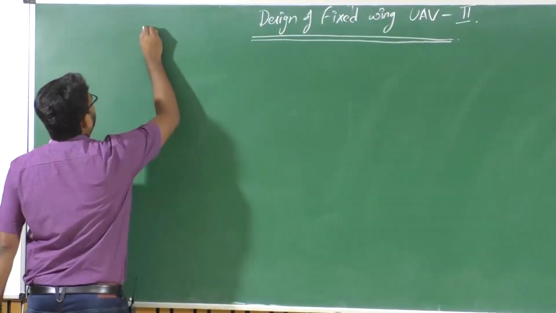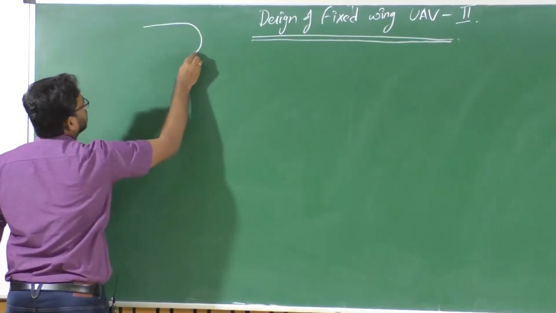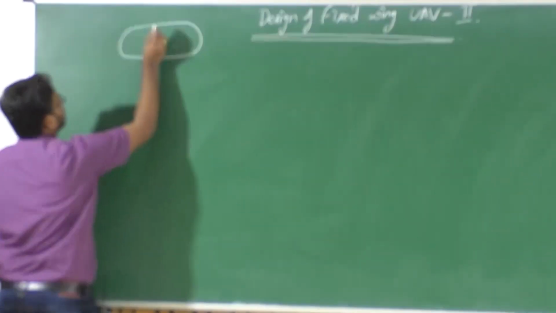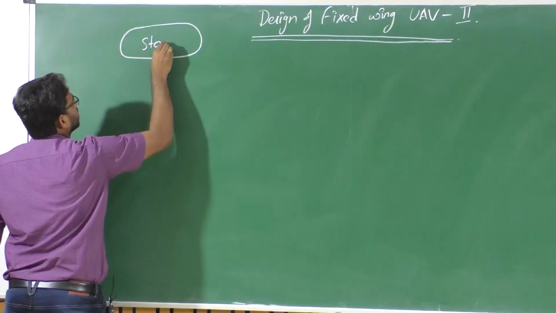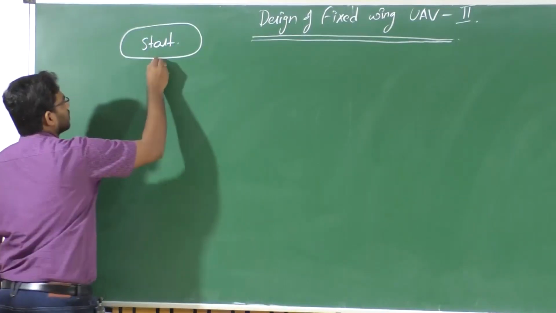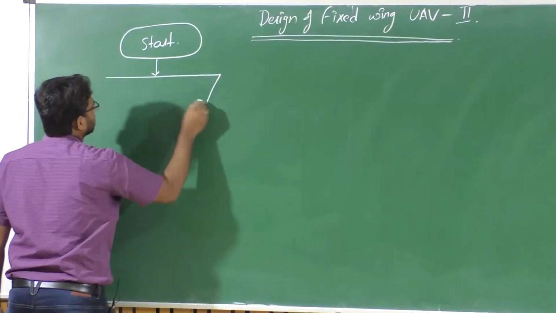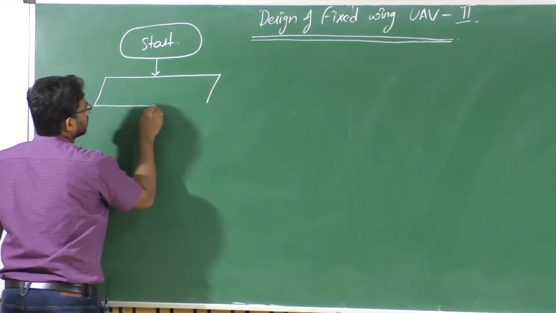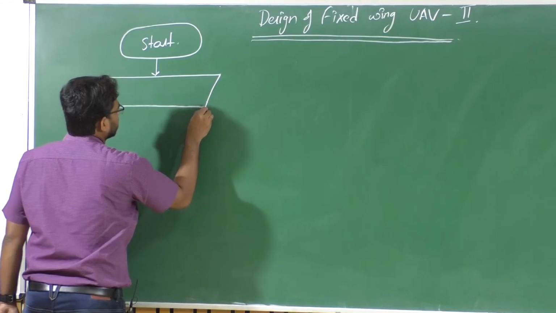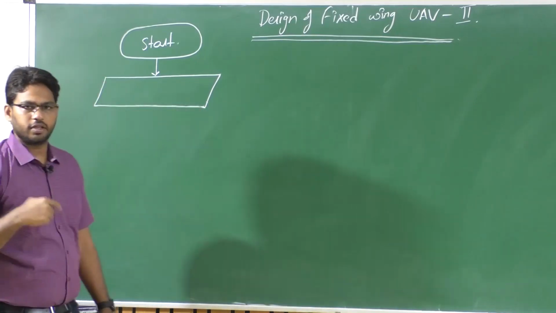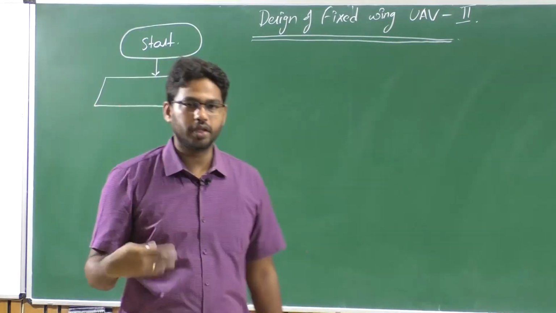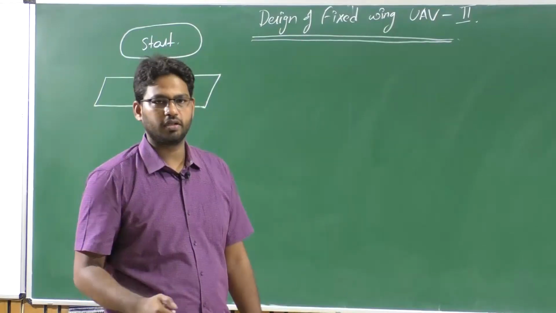So let's consider the following flowchart that's going to talk about a typical design process, right? We'll start with certain mission requirements, which are a set of statements that you need to achieve with that particular UAV.